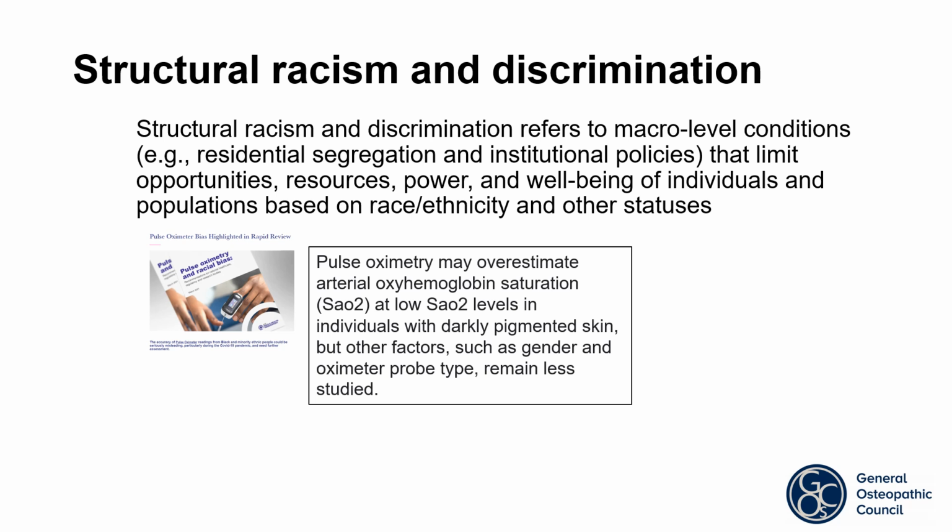It would be falsely elevated, which in the time of the pandemic, where we were acutely concerned about oxygen saturation levels, people in the black community knew, or some people in the black community knew, that this was the case.